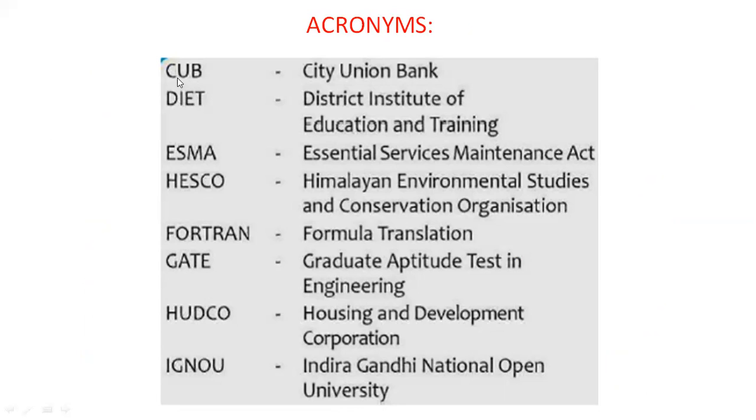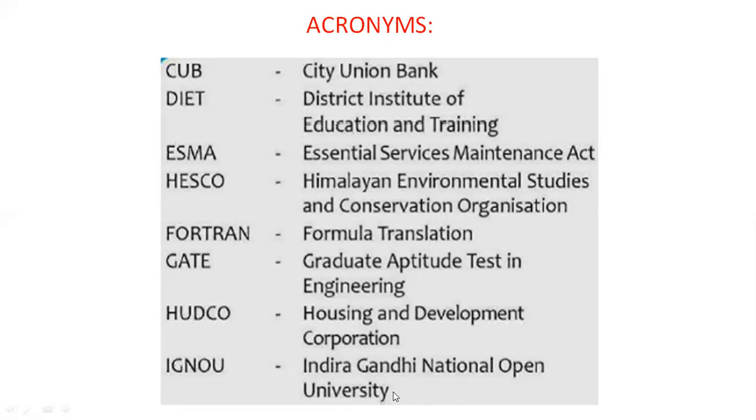Next one is CUB, City Union Bank, DIET, District Institute of Education and Training, ESMA, Essential Services Maintenance Act, HESCO, Himalayan Environmental Studies and Conservation Organization, Fortran, Formula Translation, GATE, Graduate Aptitude Testing Engineering, HUDCO, Housing and Urban Development Corporation, IGNOU, Indira Gandhi National Open University.